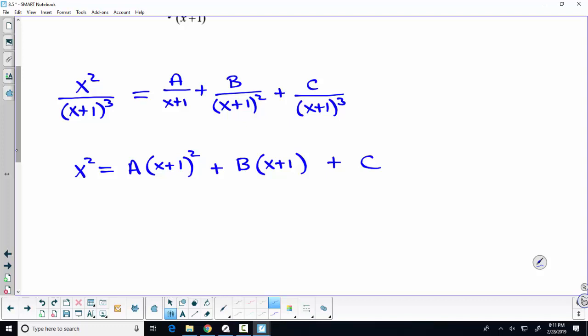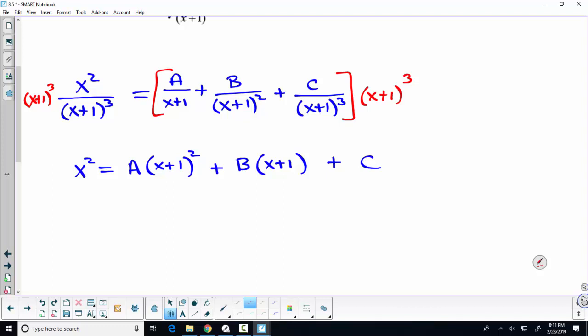Well, because what we're doing at this point is multiplying both sides by the denominator here, and (x+1)^3 over (x+1)^2 is just x+1. So that's why it's better not to think about just cross multiplying, because it's not quite that.